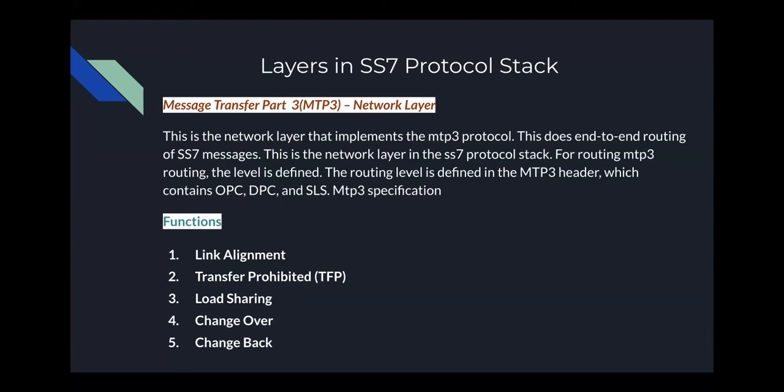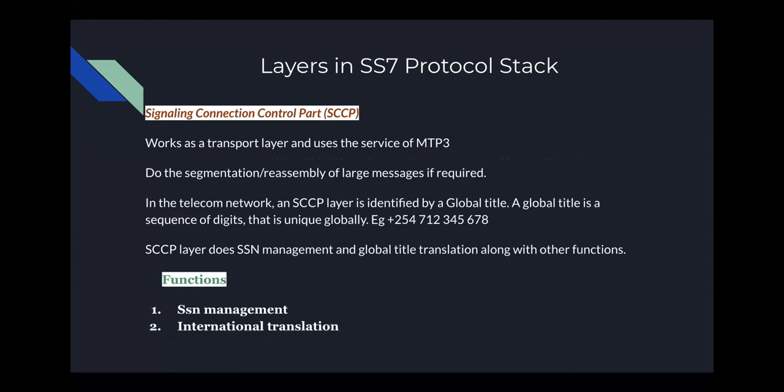Then we have what we call the signaling connection control part, the SCCP. It works as a transport layer and uses the service of MTP3. It does segmentation and reassembly of large messages if required. In telecommunication, there is communication in between.